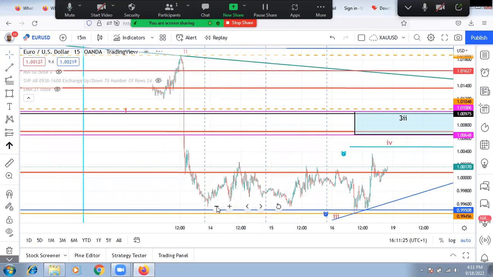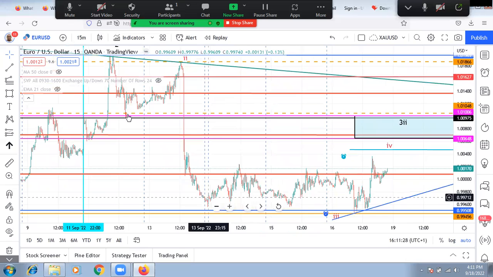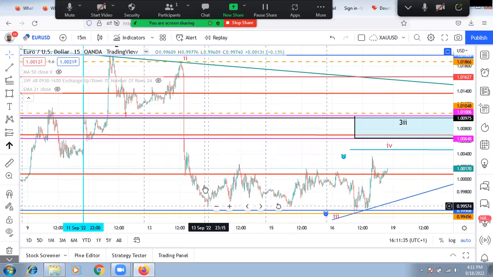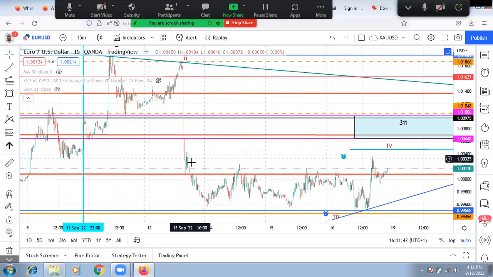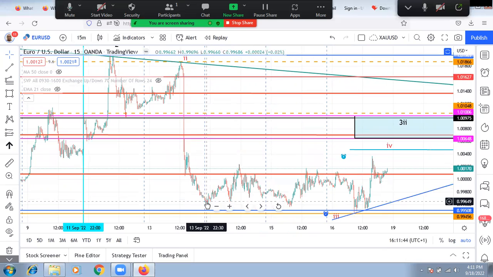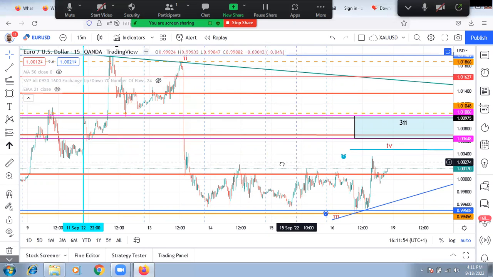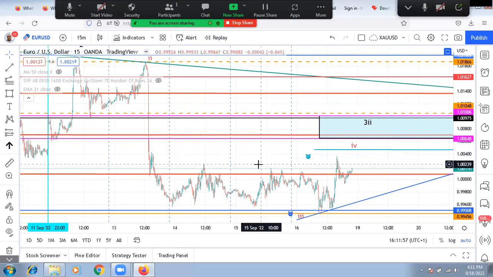of Euro USD. This is wave 1 and wave 2, and the momentum of wave 3, and wave 3 may have ended itself here, because this one looks like an ending diagonal, the way it came down. So we may be seeing a wave 4 in the making. If it's wave 4, it might be difficult to say where wave 4 is going to end.